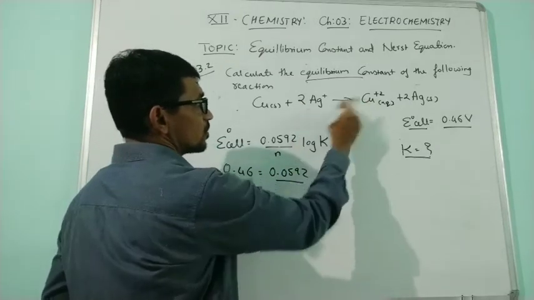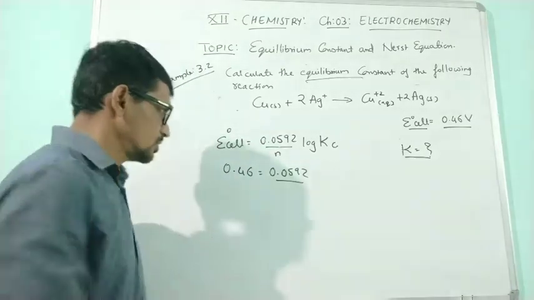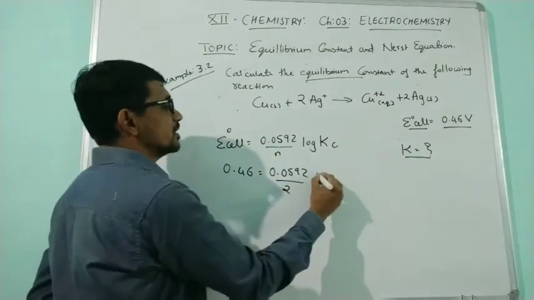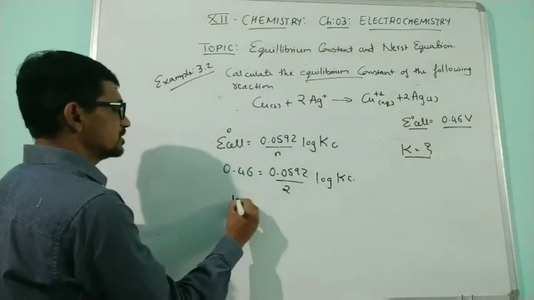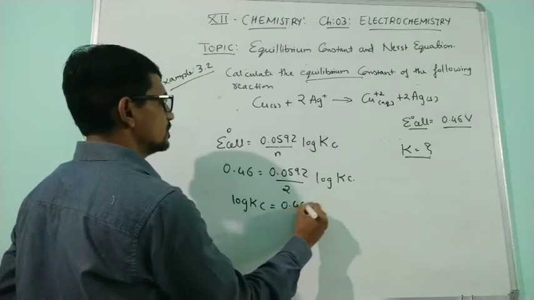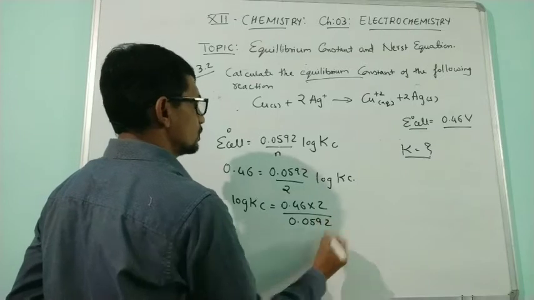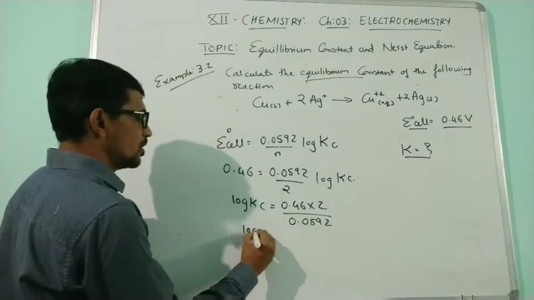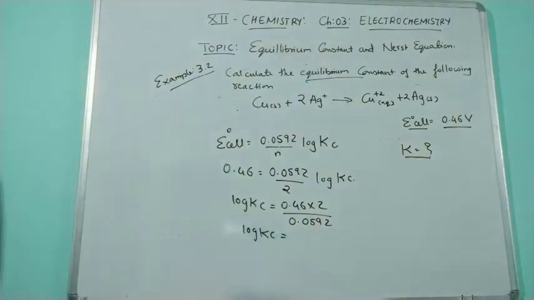Here electron transfer, copper to Cu plus 2, means 2 electrons, so N is 2. So log Kc is equal to 0.46 into 2 divided by 0.0592. So log Kc is coming approximately 15.6.